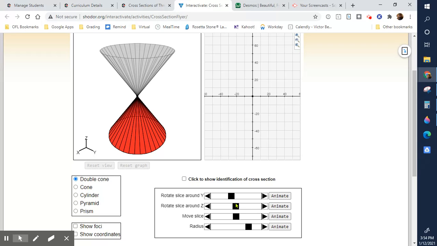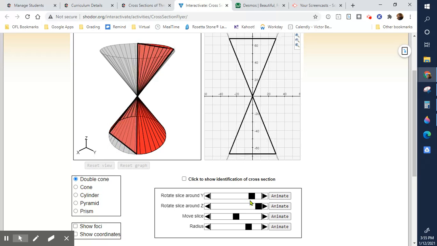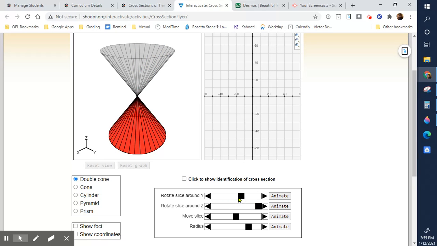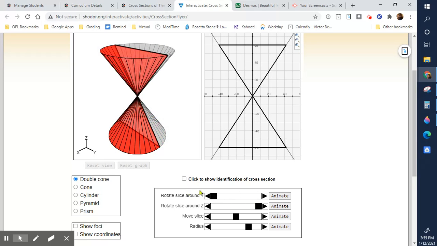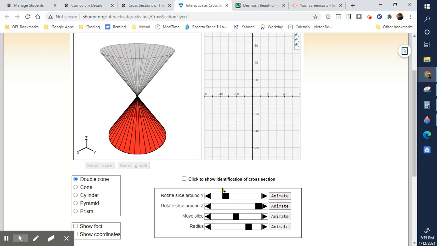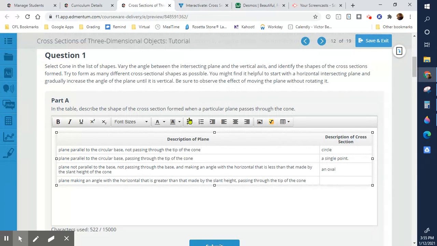Yeah, if it's not cutting through the base, it's still going to be that dot, it looks like. So not through the base, smaller, not parallel to the base, and making an angle or so less. Oh, we already did that one. But greater than the slant height passing through the point. I'm still getting a single point here.